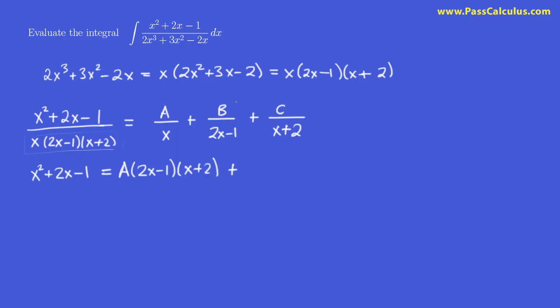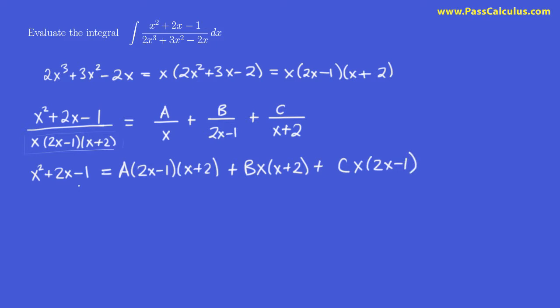When I multiply this second term by this denominator, the 2x minus 1's cancel off. I'm left with the B as well as the x and the x plus 2. Finally, when I multiply the last term by the denominator here, the x plus 2's cancel off. I'm left with my C as well as the x and the 2x minus 1.